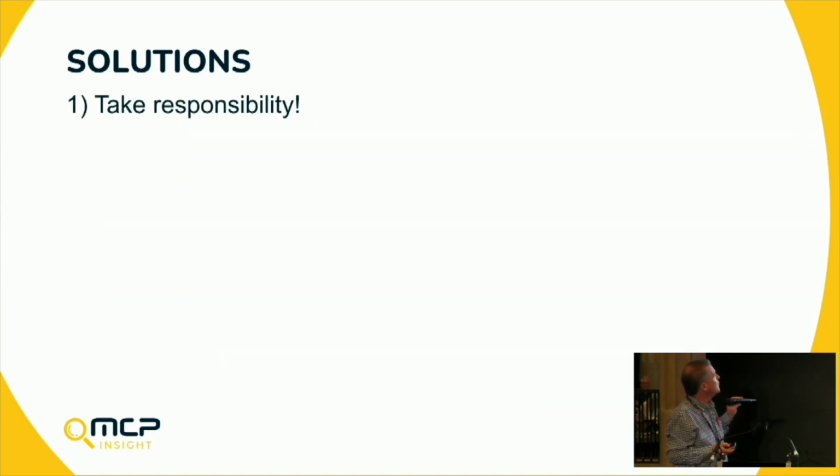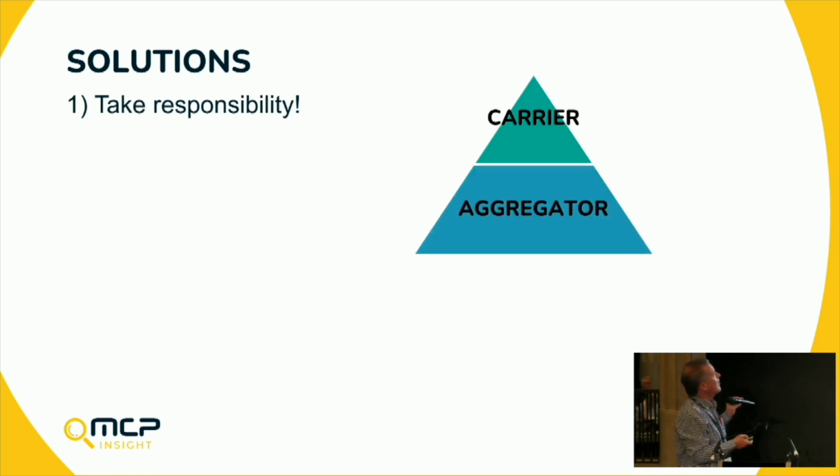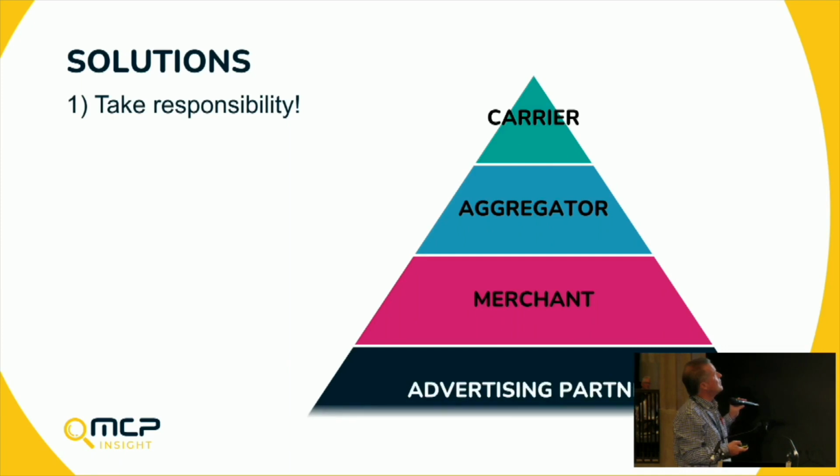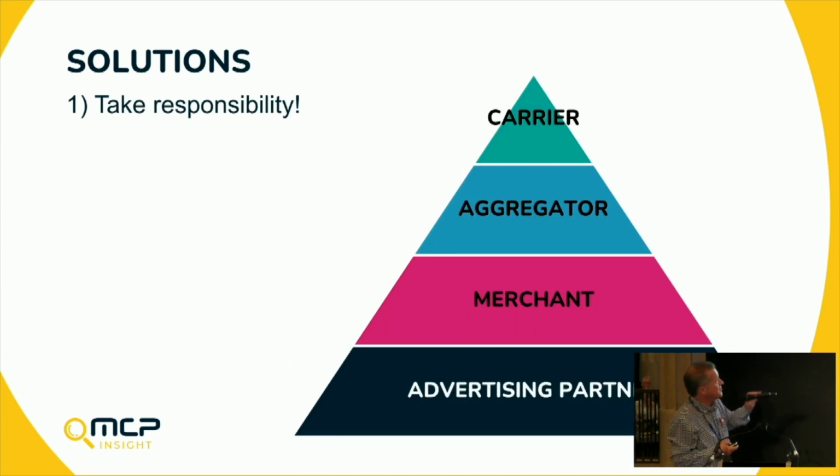Okay, briefly, solutions. The industry has to take responsibility. The context is that in our value chain, these are the main players. When the user is going through his journey, the likelihood is that he is going to be hitting pages which are hosted by these individuals.